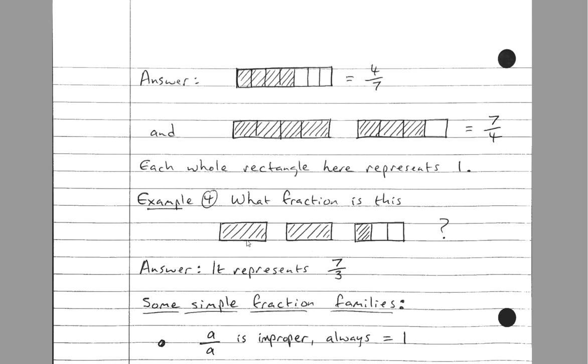We saw that we have 2 full rectangles, so think of this as 1 plus 1, and this is 1/3 of this rectangle. So another way to think about 7/3, it's really 2 plus 1/3.